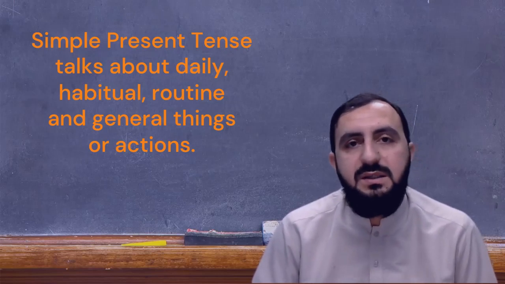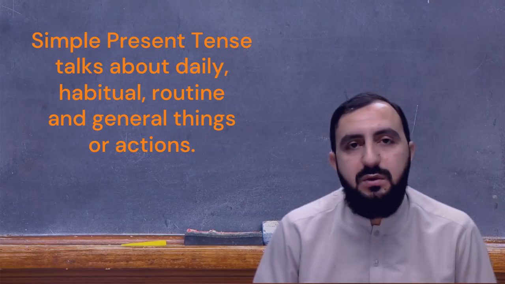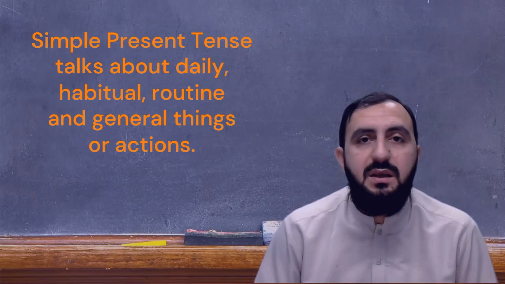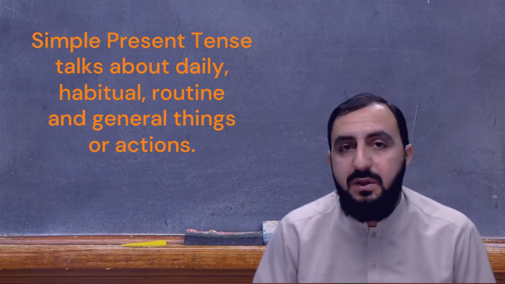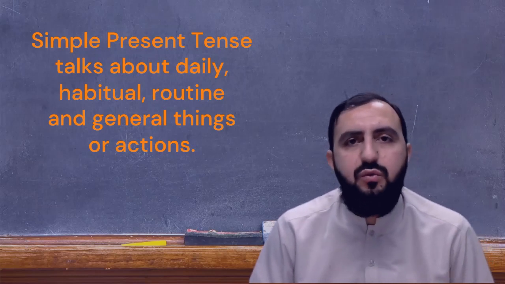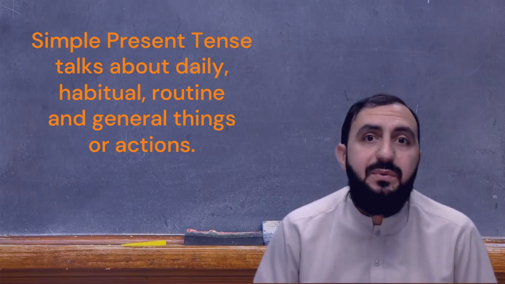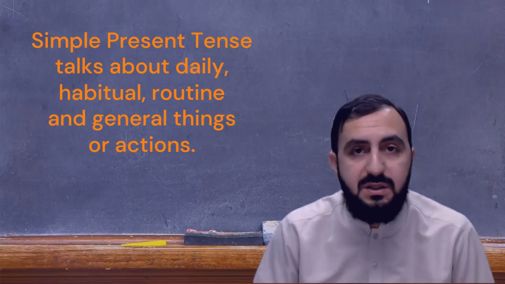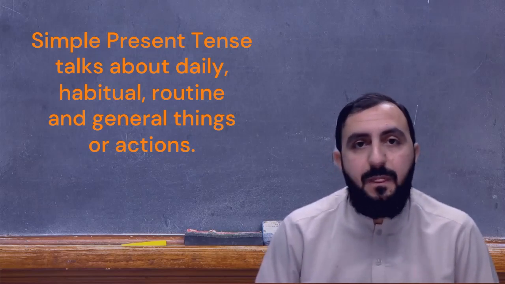It talks about the things that we do on a schedule, and it talks about the activities and the events or the actions that happen generally. So whatever we do every day, whatever we do monthly, regularly, annually, and whatever happens naturally and generally in all parts of the world, there we use simple present tense.